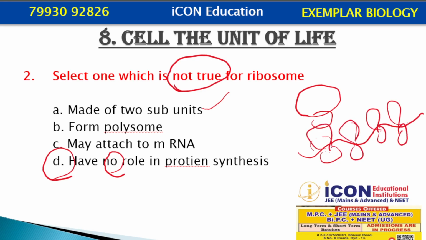This chain of ribosomes on a single messenger RNA is called a polysome, which is seen in the prokaryotic cell. May attach to messenger RNA? Yes, it is true, because during the process of translation, ribosomes get attached to messenger RNA. So the first three statements are true. The only wrong statement is option D. They have no role in protein synthesis.